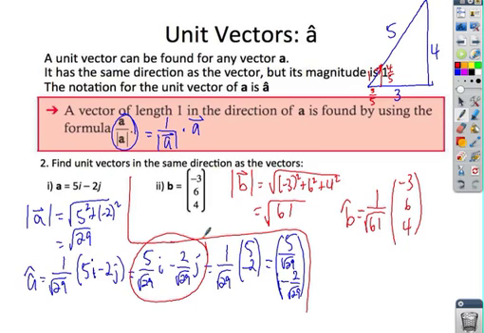And if you square negative 2 over root 29, you should get 4 over 29. If you add those two together, you'll get 29 over 29, which is 1. Okay, and again, that's what we want out of this, a vector of length 1. Okay, and that's what a unit vector is. But again, if you're having trouble thinking of the formula, just think about scaling it down by a factor of its magnitude. Okay? All right.